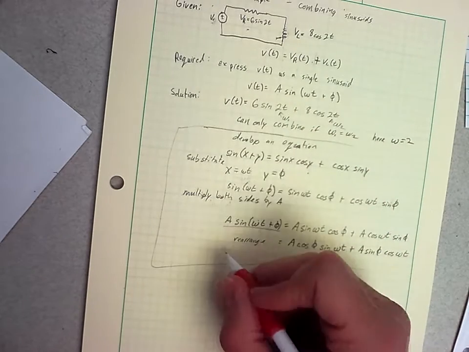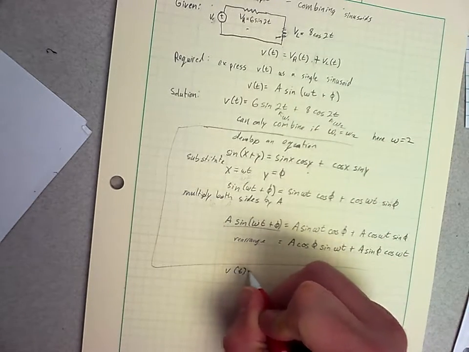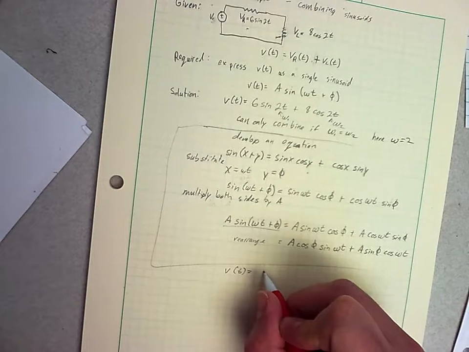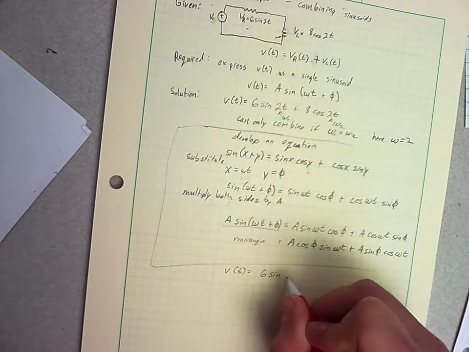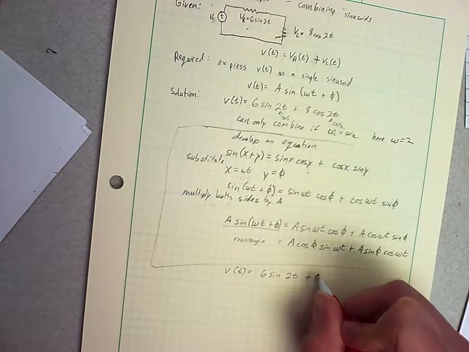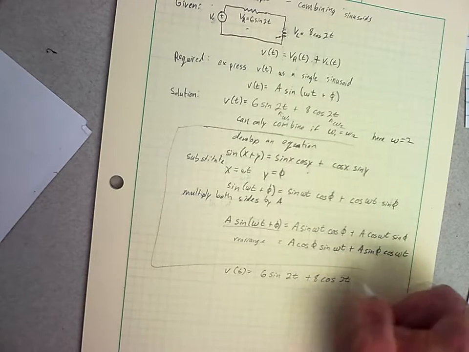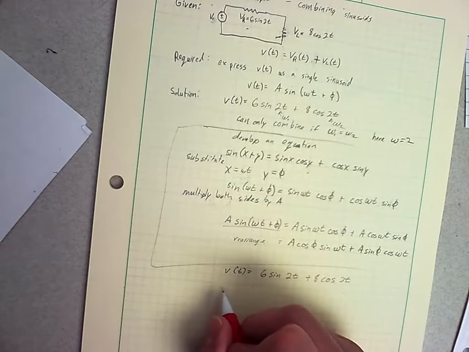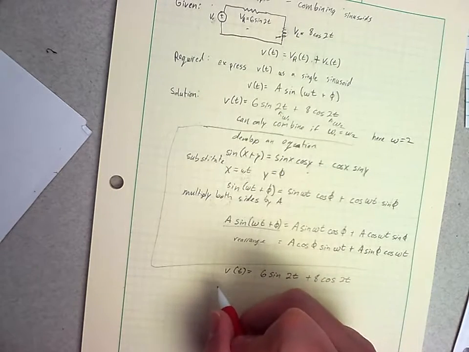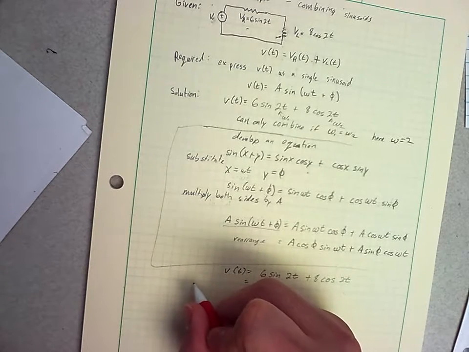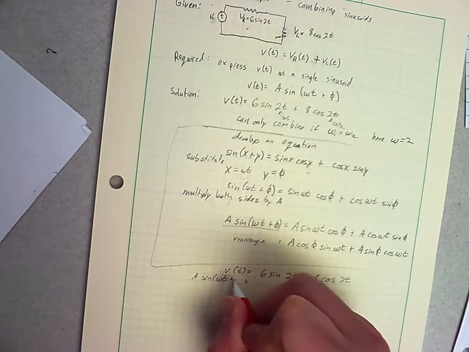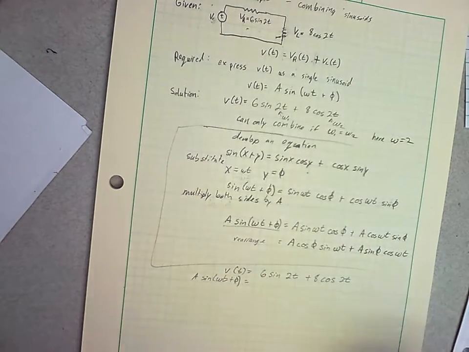Once I've done that, let's think about this back in terms of v of t. V of t is equal to 6 times sine of 2t plus 8 times cos of 2t. And I want that to look like A times the sine of omega t plus phi. Well, what things do I know?